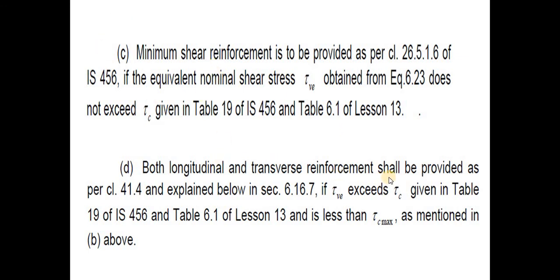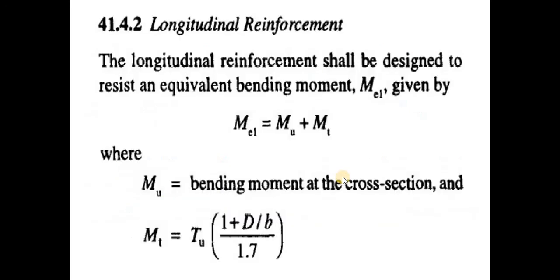Both longitudinal and transverse reinforcement shall be provided as per clause number 41.4, explained below in section 6.16.7, if tau VE exceeds tau C given in table number 19 of IS 456. So if tau VE exceeds tau C, we have to consider this tau VE for the calculation.